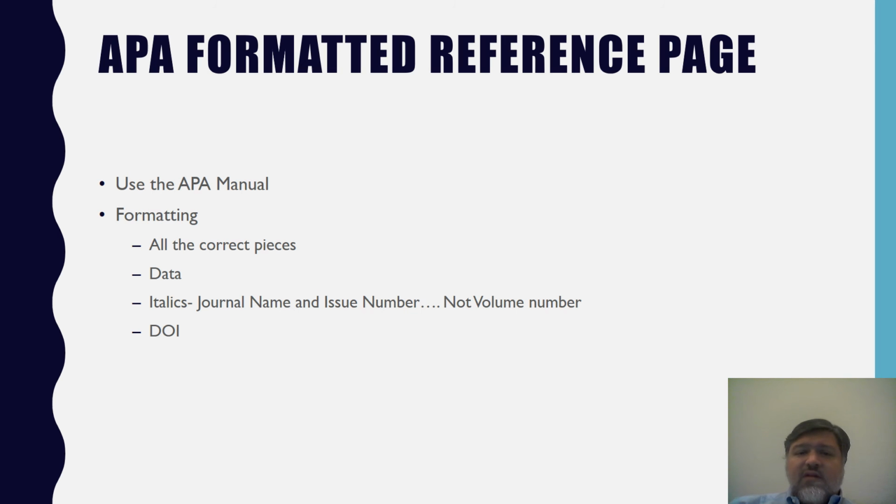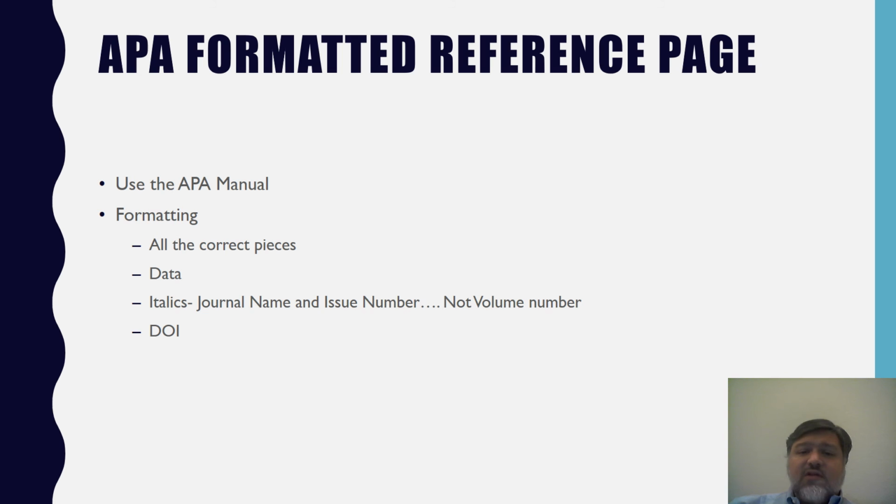It is important that you follow the standards in the APA manual when writing the reference page. It is also important that you not only format the reference correctly, but that you have all the components required for a reference.